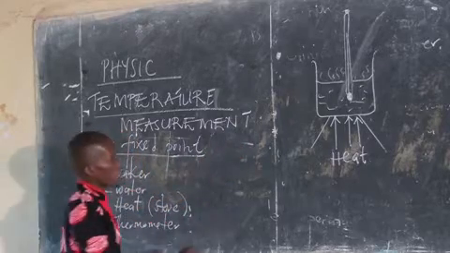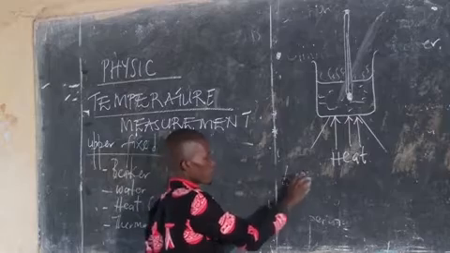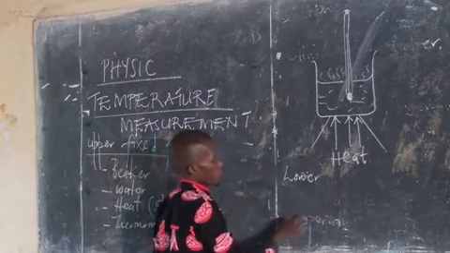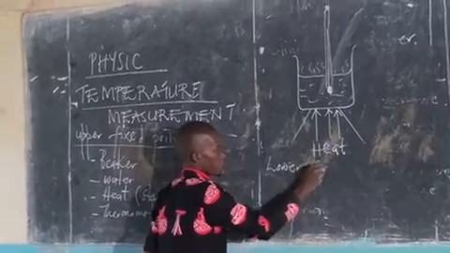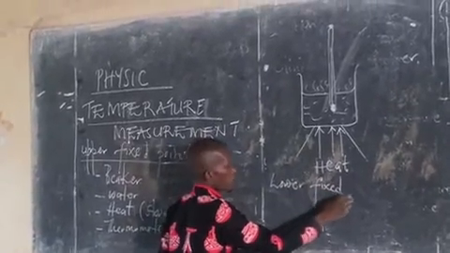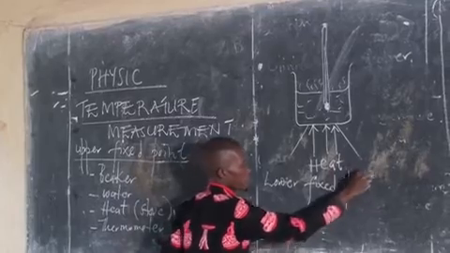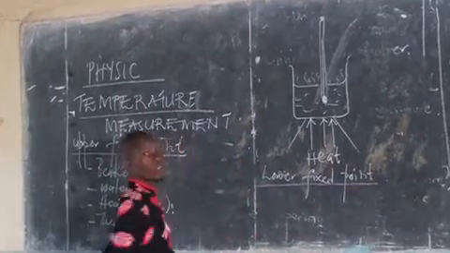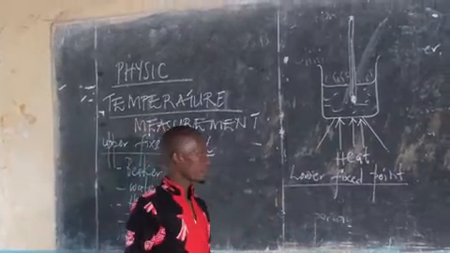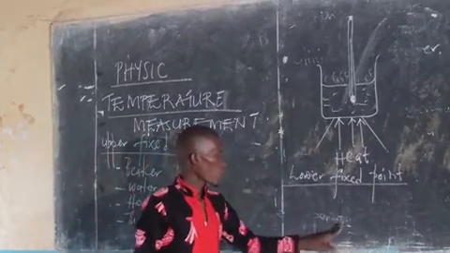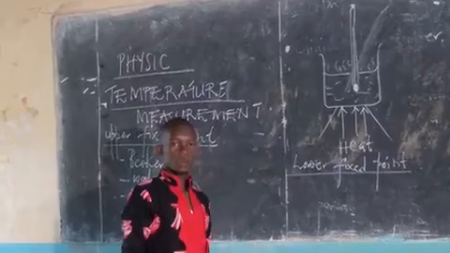When you talk about the lower fixed point, what should you get to know? Since it is lower, what do we use?